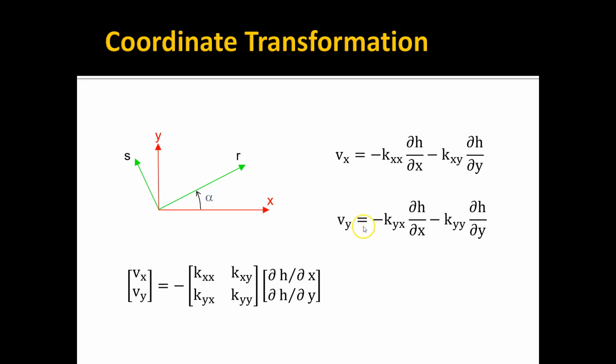And likewise, the flow in the y direction can be impacted by the hydraulic gradient in the x direction, multiplied by this off-diagonal K term, and then, of course, it's also impacted by the hydraulic gradient and the hydraulic conductivity in the y direction. So if you think about it, it makes some sense intuitively as well. Now, how on earth do you come up with these terms?